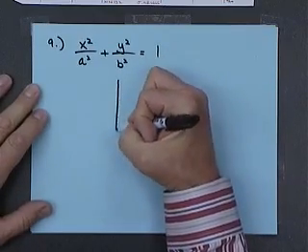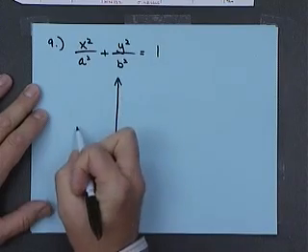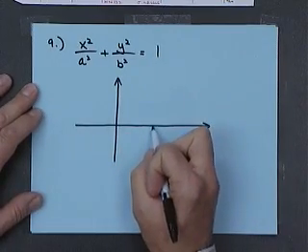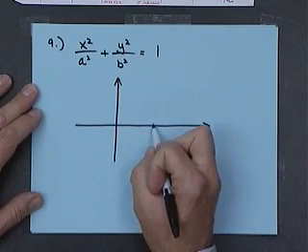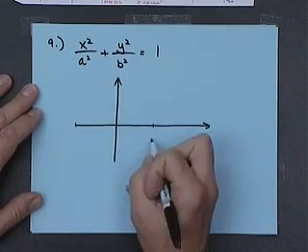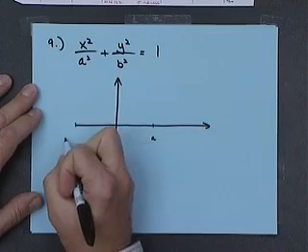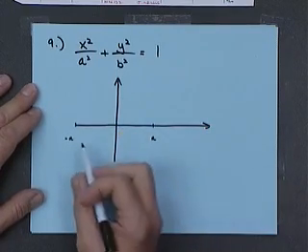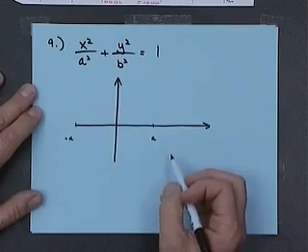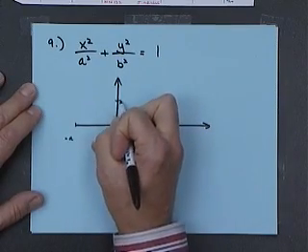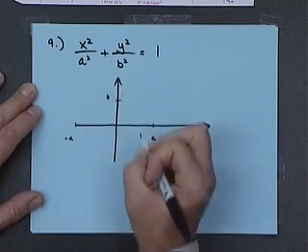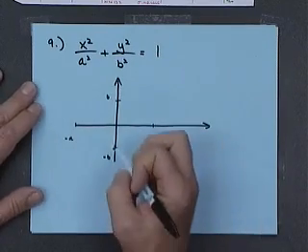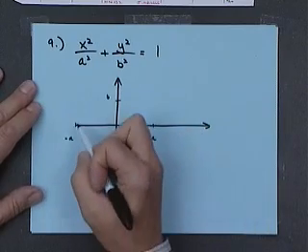So let's see if we can get a picture of this. We would go out A units on the x-axis to the ends of the, let's call it the major axis, and B units on the so-called minor axis.